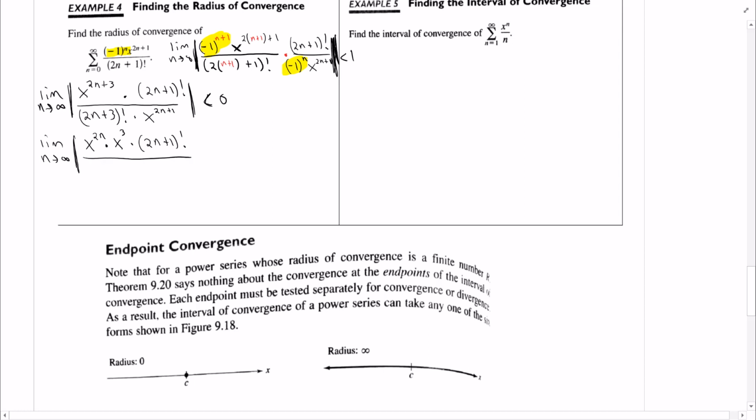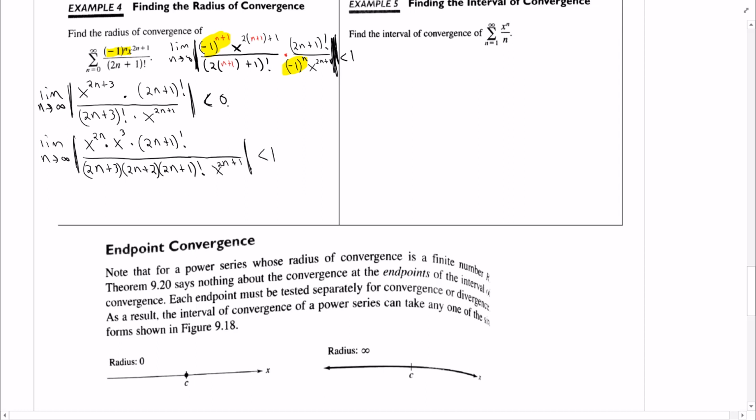On the bottom, we are going to take out 1. So we're going to have (2n plus 3) times (2n plus 2) times (2n plus 1) factorial, right? Notice we're just counting down, times x to the 2n plus 1.